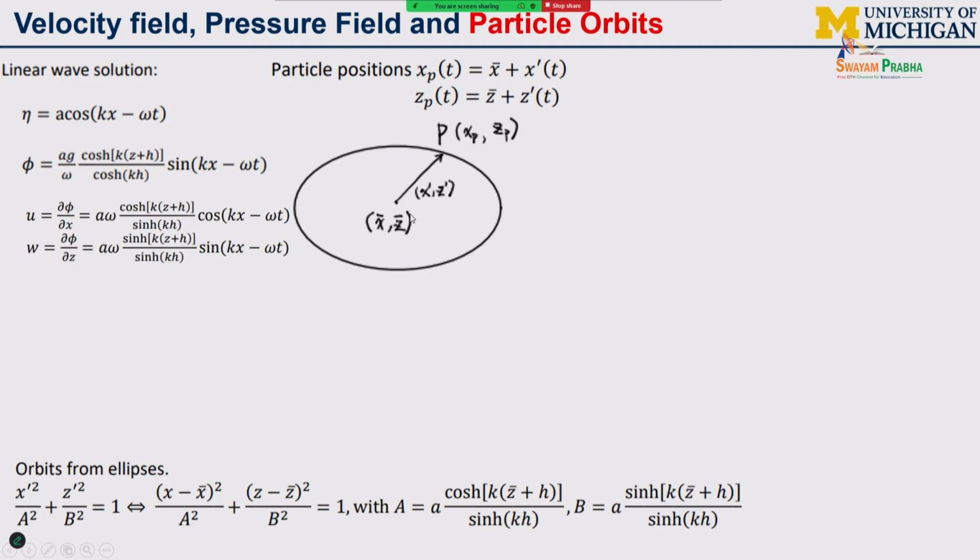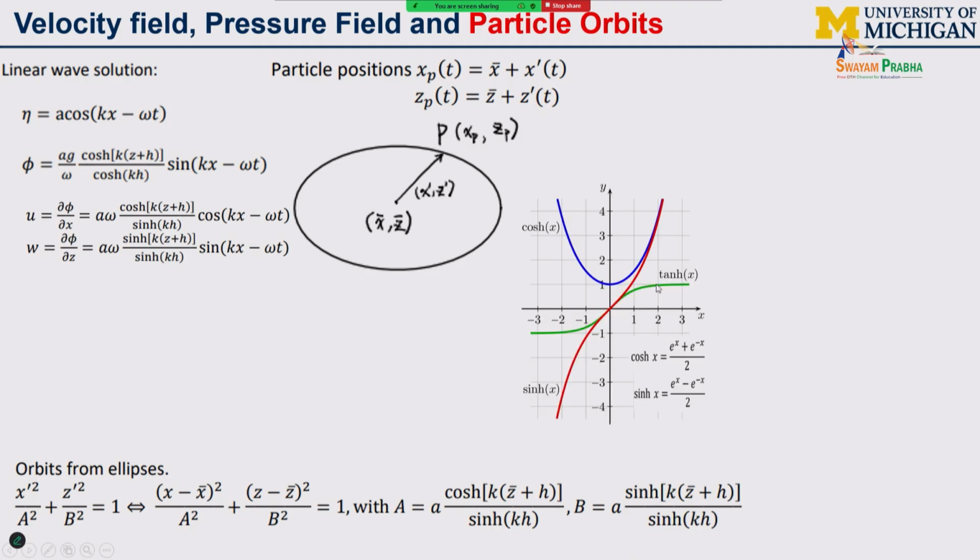Particle motion looks like this circle, right? It will be the motion around this. The amplitude in the x direction is A, in the y direction is B, and A and B follow this function, with sine and cosine like that.